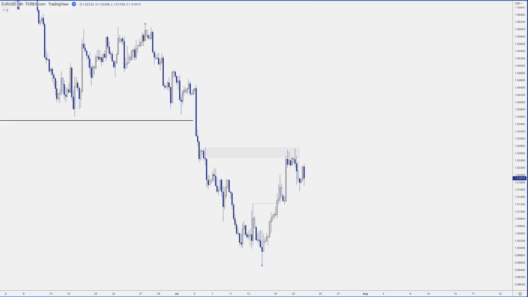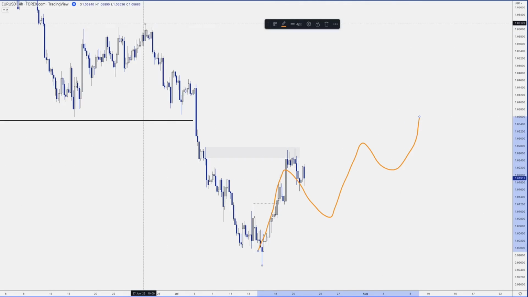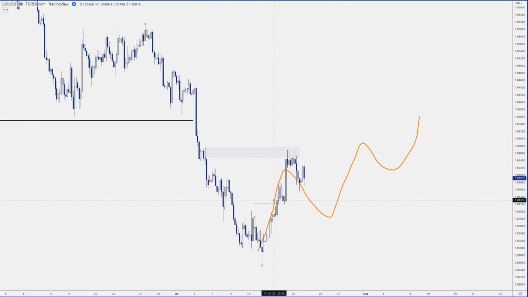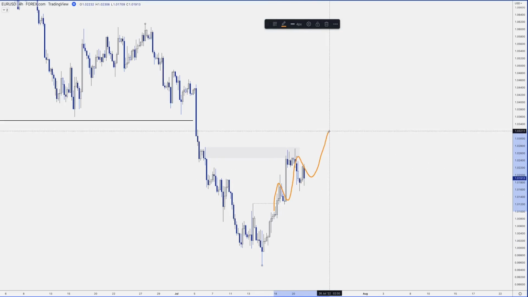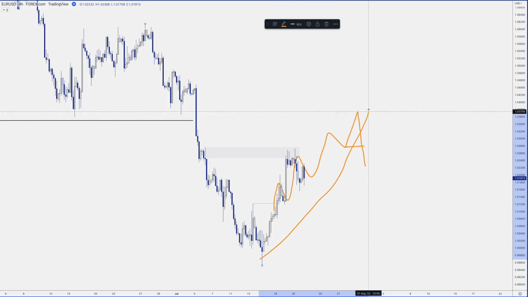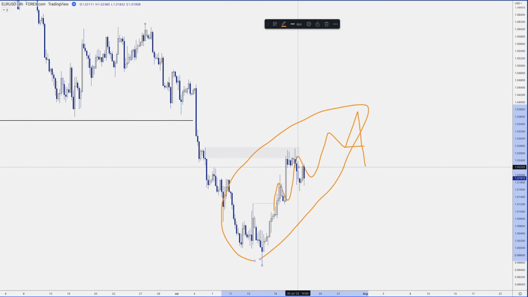So, what's the basic framework that we use with the internal structure? Well, a swing pullback is only confirmed as starting or ending when we get an IBOS. Okay, so when we got that bullish IBOS at this point here, that was that true confirmation. Now we're going to have that larger swing pullback of this swing leg here. Right, so we expect that to continue, and it's only once we get that bearish IBOS that we get confirmation that this swing pullback is likely finished.